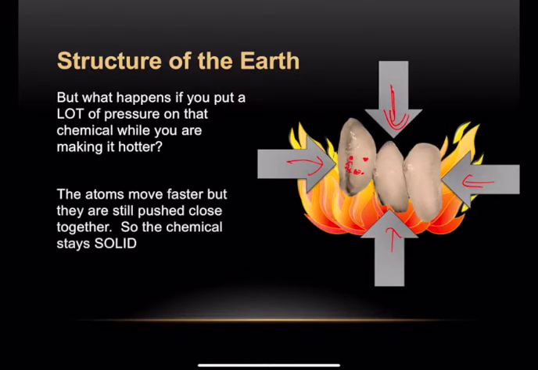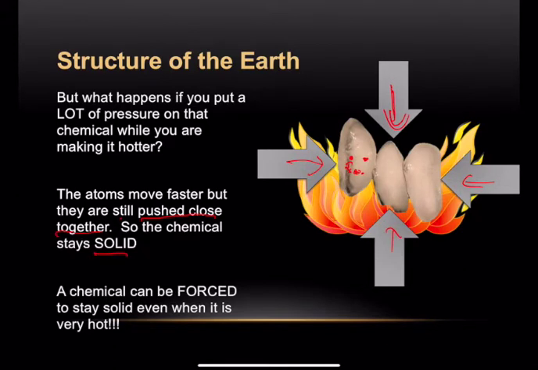So the atoms move faster, but because they are still pushed close together, they will still be a solid. What, Carrie Box? Yes, you can keep a solid even when it's very hot if it has enough high pressure pushing it together.